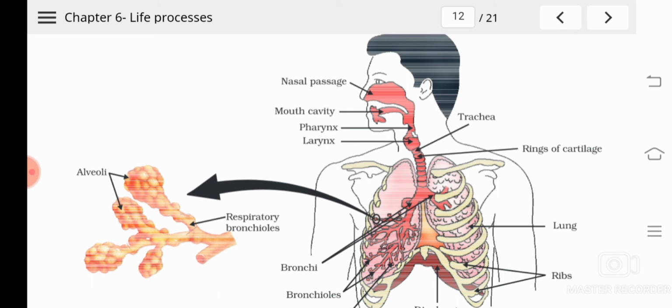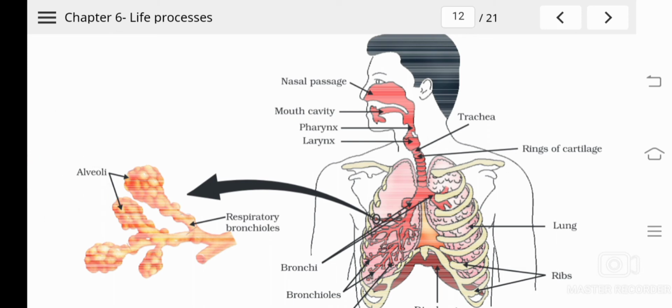It goes into the nostrils, nasal passages, pharynx, larynx, trachea, then enters the bronchi, bronchioles, alveolar ducts. It will finally reach and fill the air sacs called alveoli.